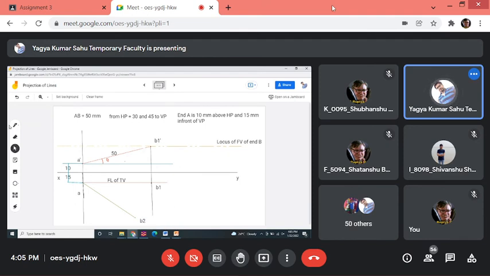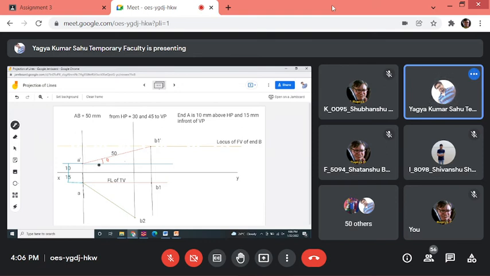Now what about the front view of B2? Draw another projector line passing from B like this and locate B2 dash. Okay. So B2 dash कहाँ locate करेंगे? A dash B2 dash should be a line parallel to XY.